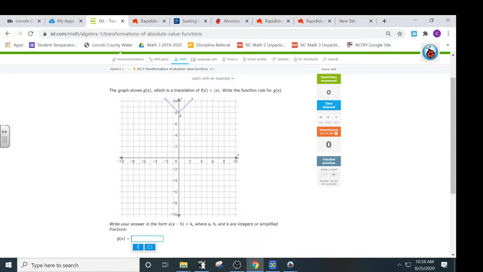Okay, guys, f of x equals the absolute value of x. This is called the parent function. Now, a parent function is very, very simple. It is a function, an absolute value or whatever kind of function you're dealing with, that has no transformation.